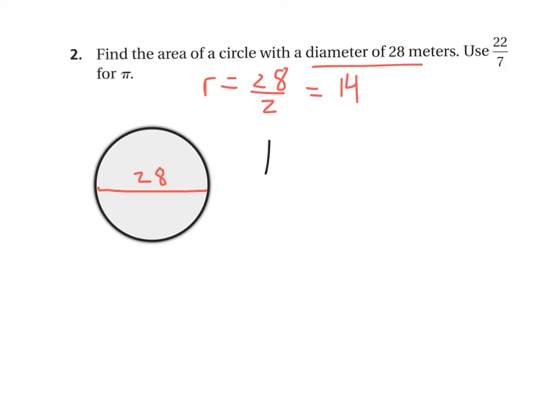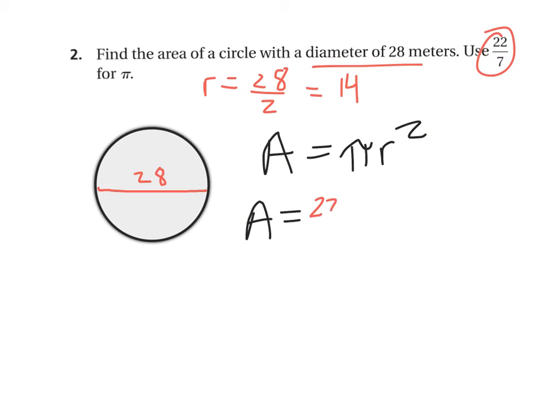So again, let's use our formula. Area equals pi r squared, and let's plug in our stuff. So the area equals pi, they want us to use 22 over 7. Whoa, 22 over 7 times the radius, which is 14, because it's half the diameter, and square that.